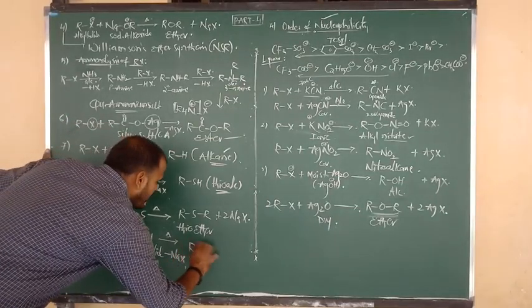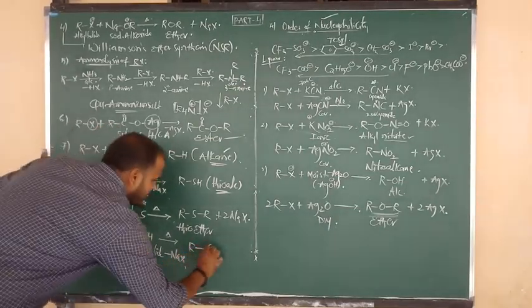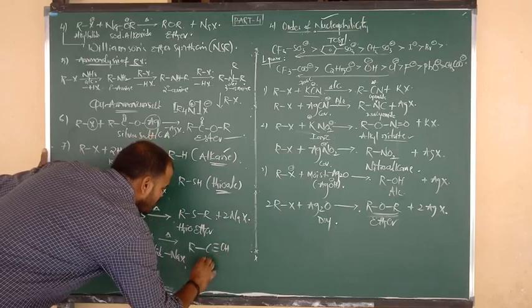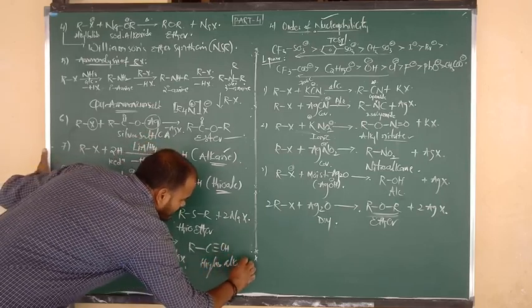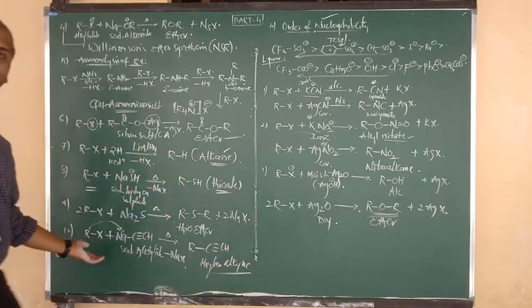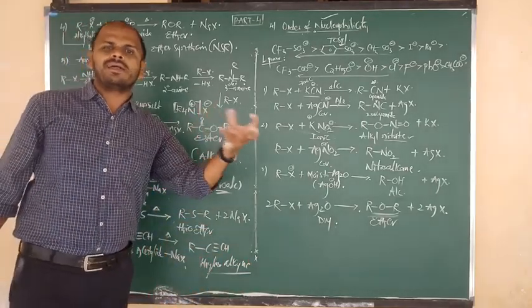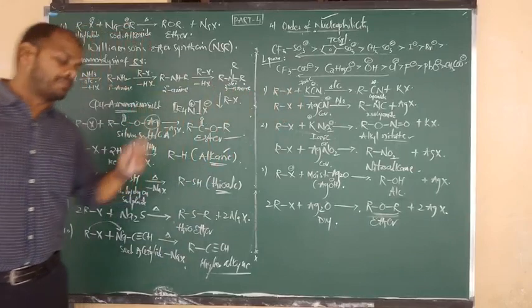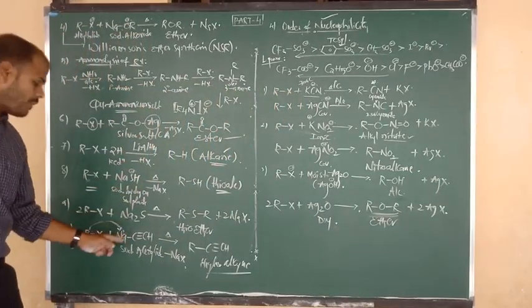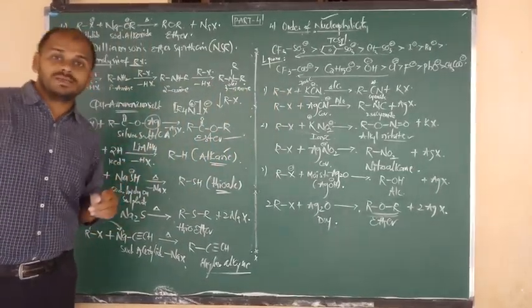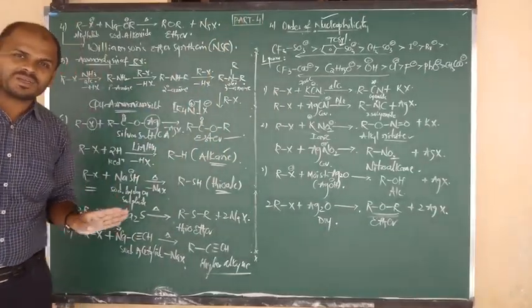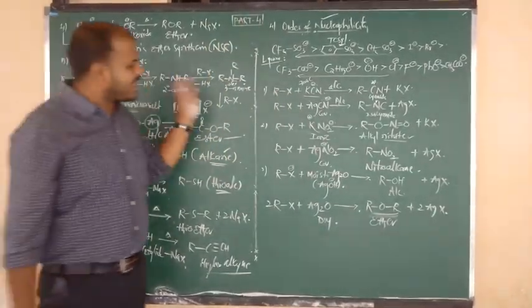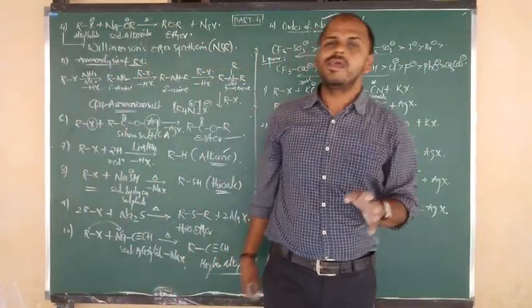So we say R bonded to C triple bond CH, a higher alkyne. So lower alkynes can be changed into higher alkynes. Higher alkynes are prepared from alkyl halides upon reaction with sodium acetylide, and also by taking disodium acetylide. Okay? Yes, these are examples of nucleophilic substitution reactions.